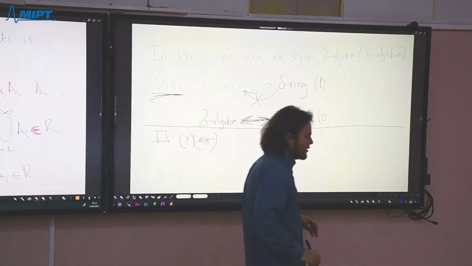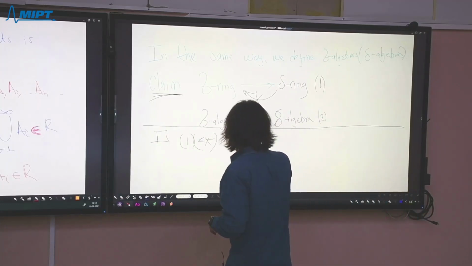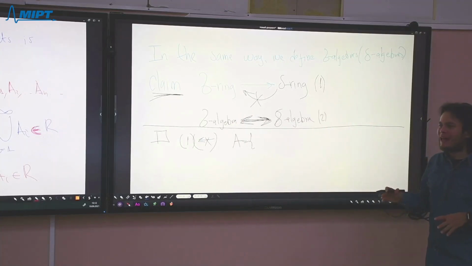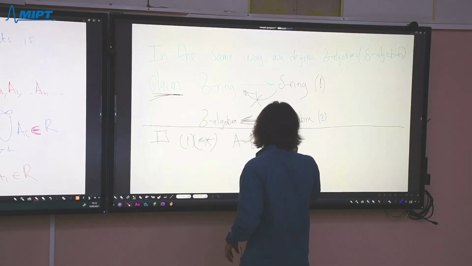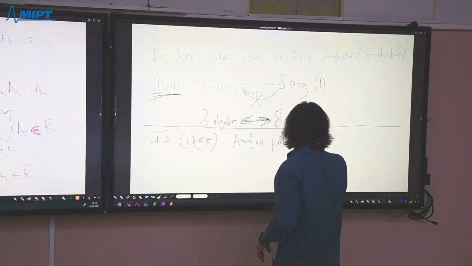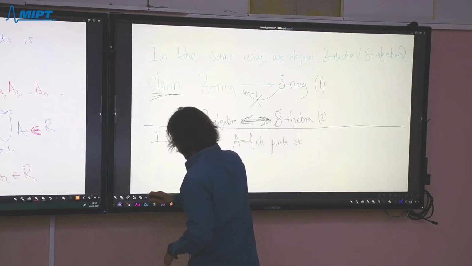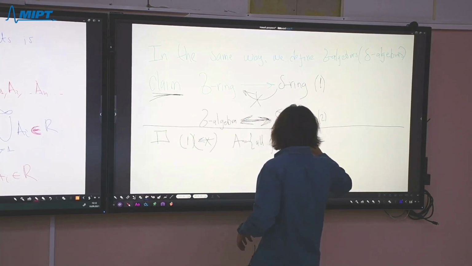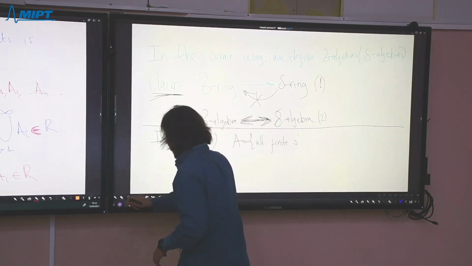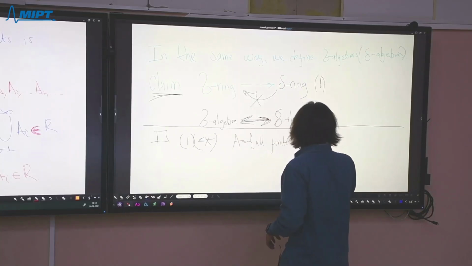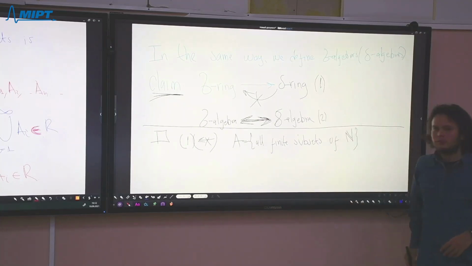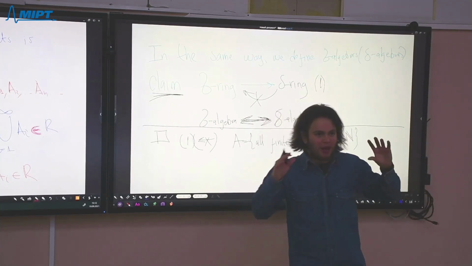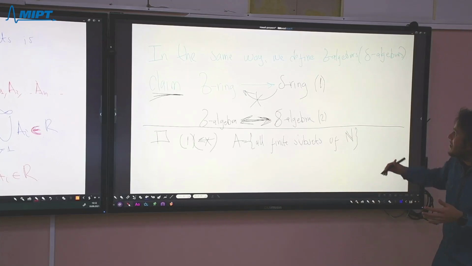So let's take the following set: the set of all finite subsets of the natural numbers N. Now, is this a delta ring?